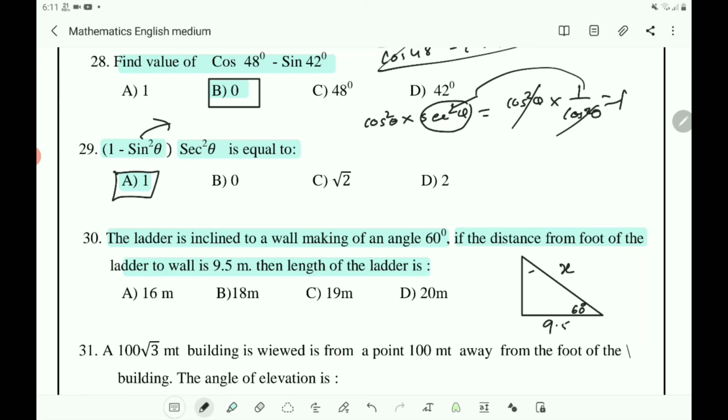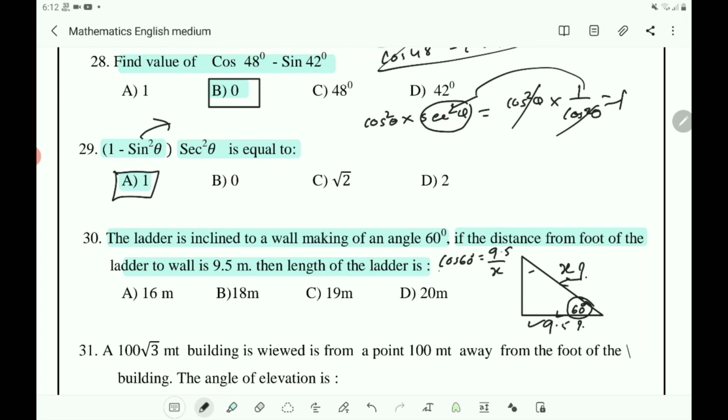Here you can use the trigonometric ratio having the adjacent side and hypotenuse. You know that it is a hypotenuse and it is the adjacent side for the angle 60 degree. So the trigonometric ratio having adjacent side and hypotenuse is cos theta. So you take cos 60 degree equals adjacent side, that is 9.5 by hypotenuse x.